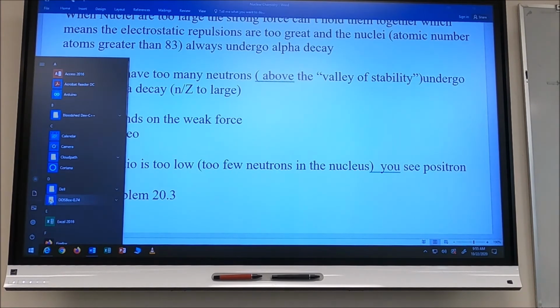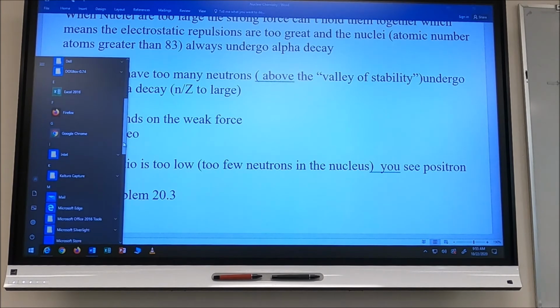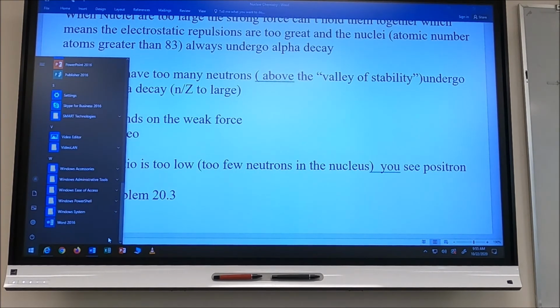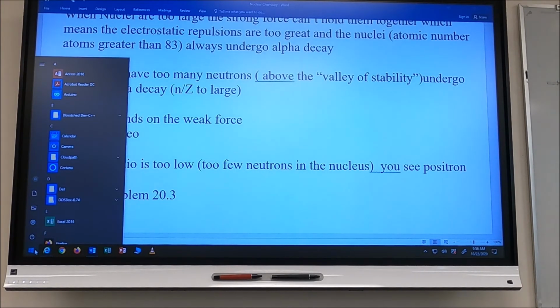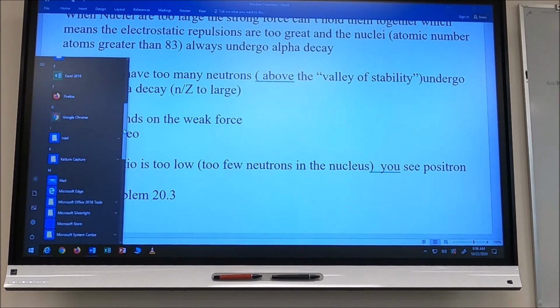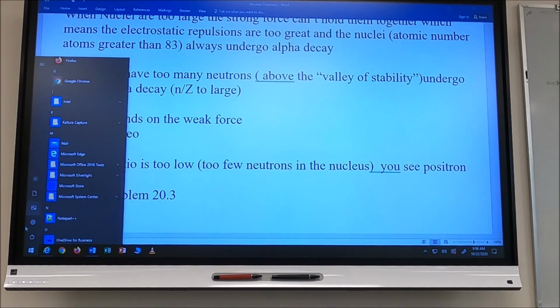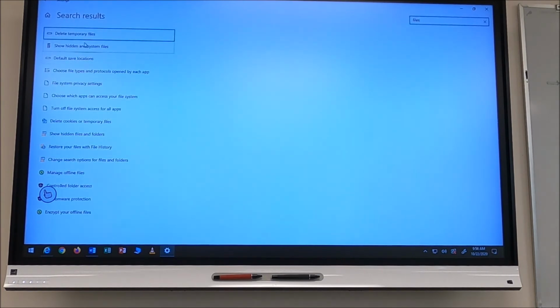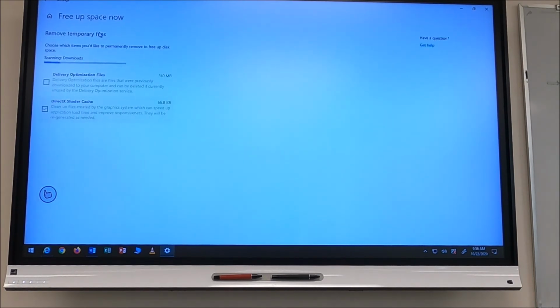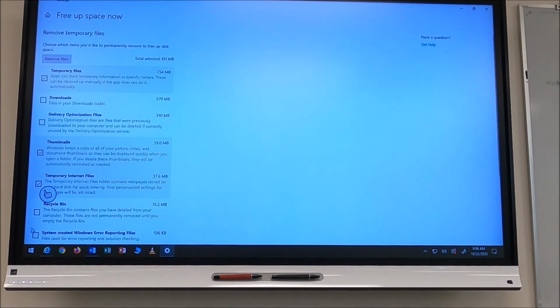Okay, come on, let me look at my files. Why doesn't this computer have a file? You know what?